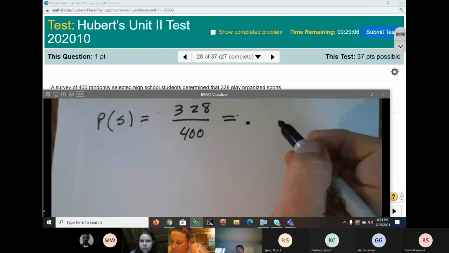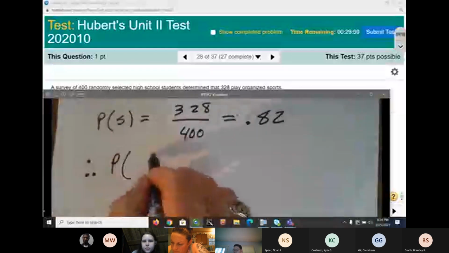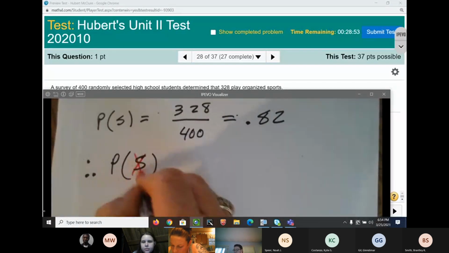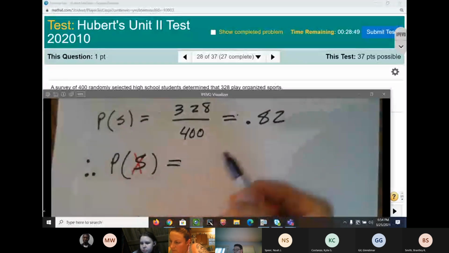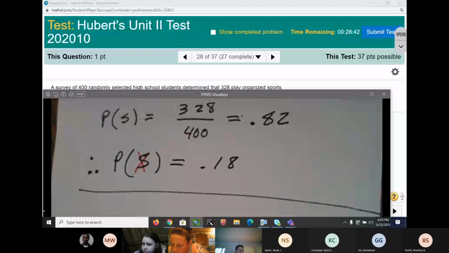Therefore, what is the opposite of playing sports? Not playing sports. And that's going to be the complement of 0.82, which is what? 0.18. And that's what you should get from the first sentence of this question.